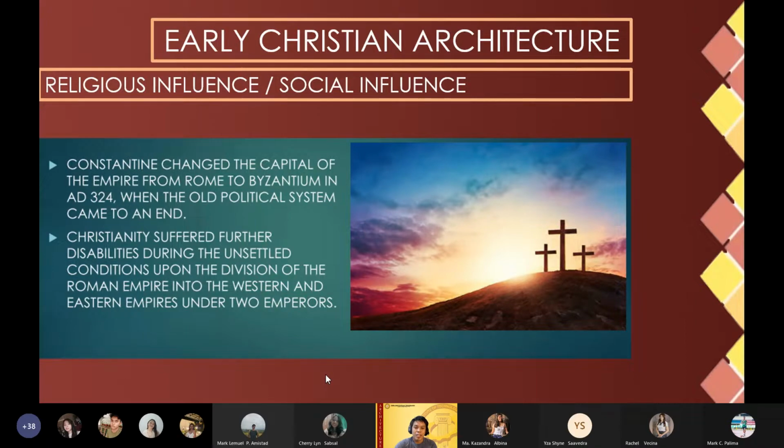Since he was emperor of Rome at that time, he said the Roman area was quite big and dense to handle. So what he did is he transferred the capital. Actually, when you read the history books, the term is not really transferred. Constantine divided the Roman Empire into two. So there is that empire that transferred to Constantinople, or what we call Byzantium.